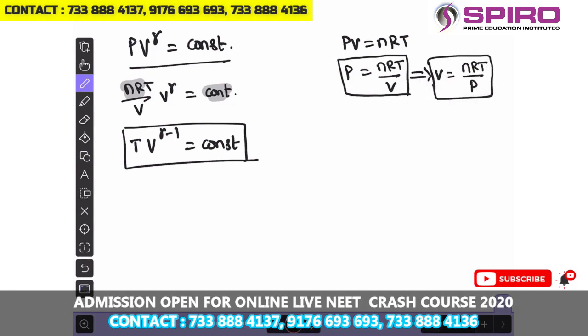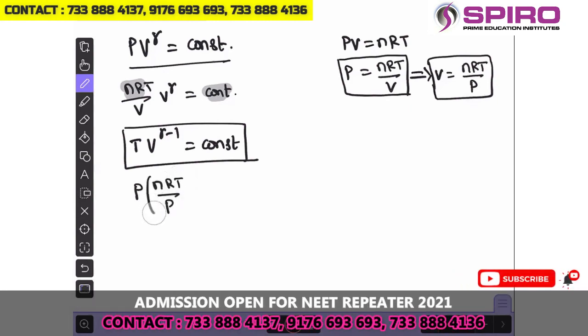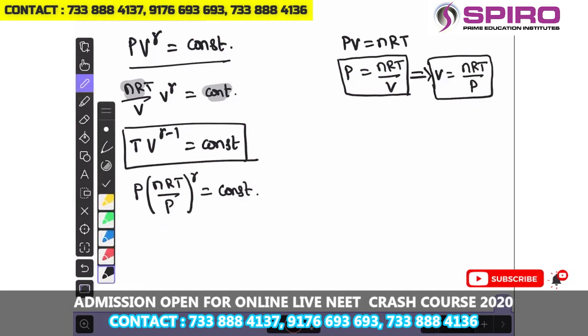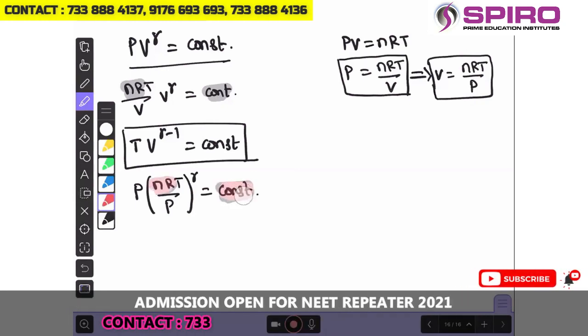So now I am writing P into, instead of the volume, nRT by P power gamma equal to constant. Okay, so now here again the constants can be mixed up. nR power gamma is a constant, and this is a constant, and let this constant and that constant together be another constant.